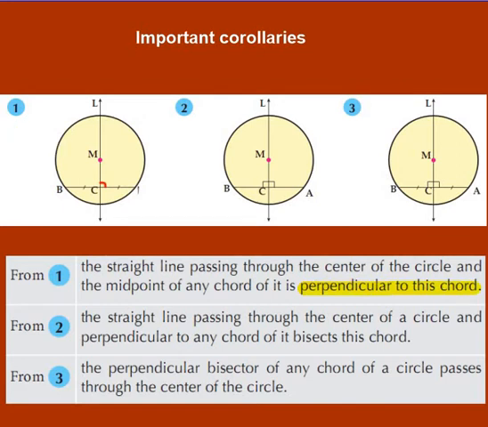Figure 2. The straight line passing through the center of the circle and perpendicular to any chord of it bisects this chord.